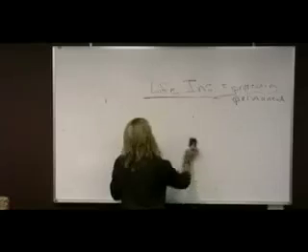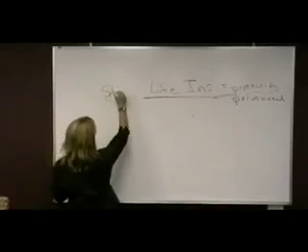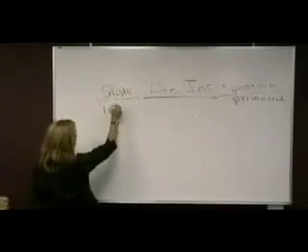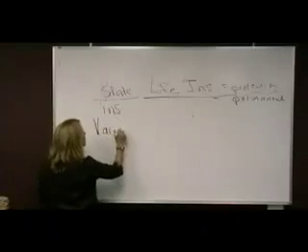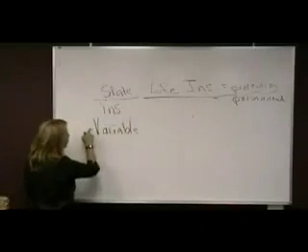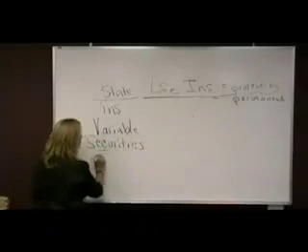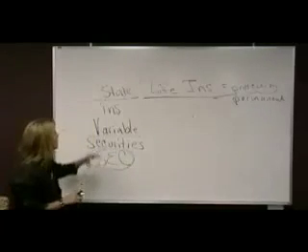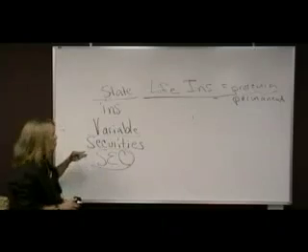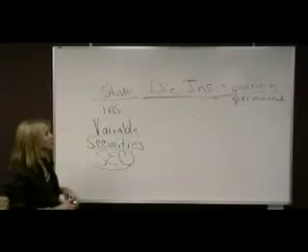So variable whole life is the first product that we learn about that is regulated not only on the state level, because insurance is regulated state by state by state, because of the McCarran-Ferguson Act, but it's a variable product as well. Variable means that it invests in securities, and securities are regulated federally by the Securities and Exchange Commission.